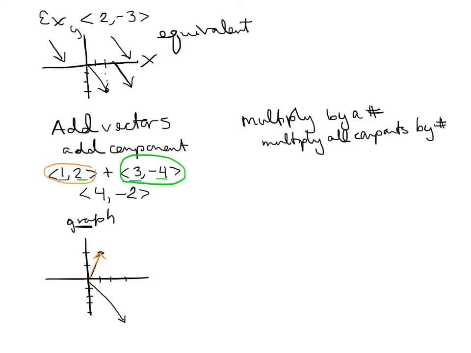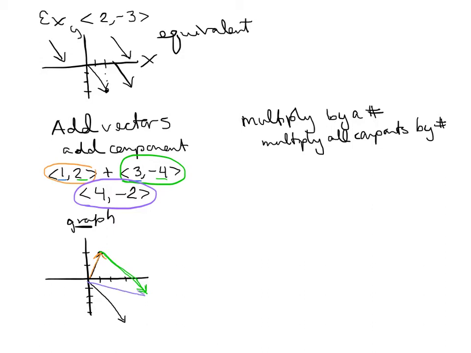So I want to take the vector I have, but start from the end of the other one. And so that green vector and that black vector, notice they're the same vector, same magnitude, same direction. And what the result gives us is this end one, which is the vector ⟨4, -2⟩.